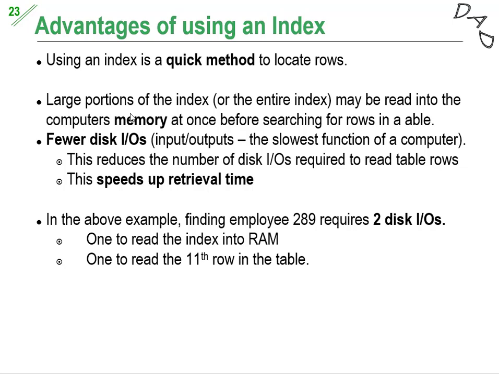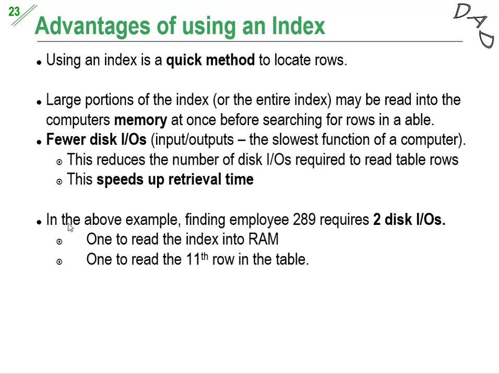That will lower the number of reads and writes, or inputs and outputs, to the disks, because once your index has been loaded into computer memory, slicing and dicing and dividing the index and doing the binary search all happens inside the memory. So the computer need not read back from the disk. So it basically speeds up the record retrieval time.